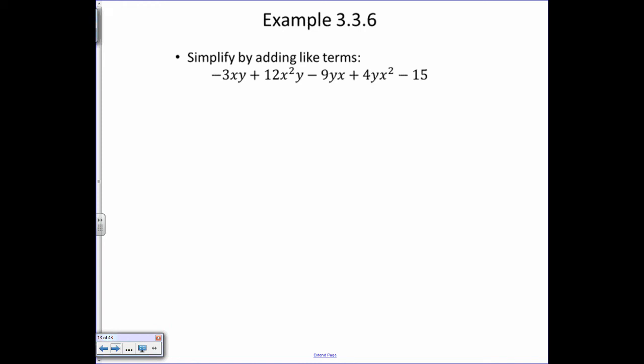So another example, we want to simplify by just adding like terms. We've got negative 3xy plus 12x squared y minus 9yx plus 4yx squared minus 15. So first we've got to identify what the like terms are.